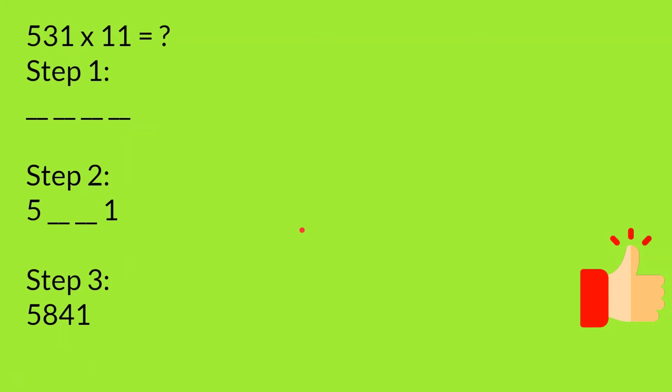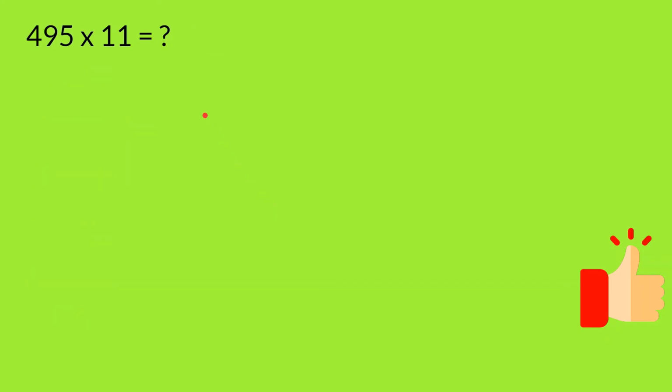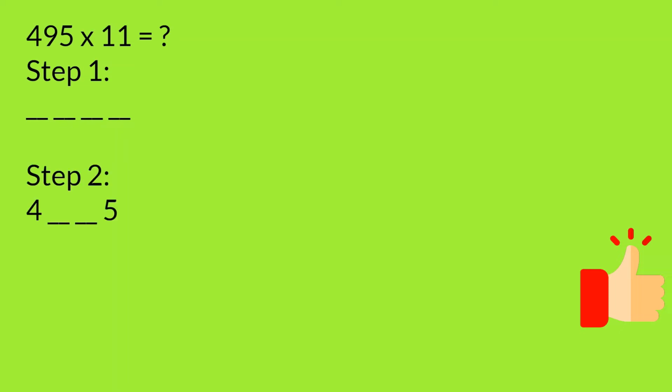Now let's see another problem where the concept of carry is involved. 495 into 11. So what's different in it? Let's see. We need 4 blanks because the number is 3 digit. We'll write 4 and 5 in the first and last places respectively.